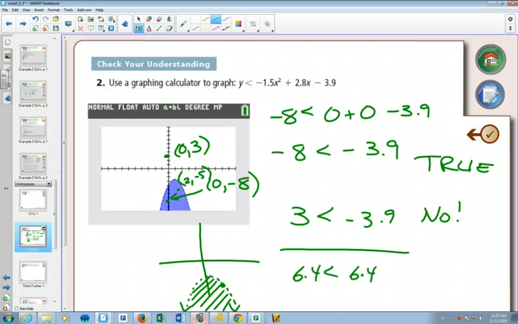And the question is, is 6.4 less than 6.4? No. But if there was the less than or equal sign, then you would say yes. So the solid line lets you say that points on the line are also true. The dotted line says if the point is on the line, like for example the vertex, it wouldn't be part of the solution because the line itself is not included.